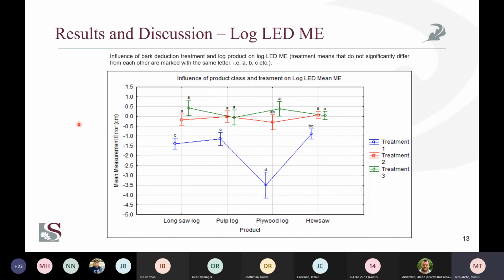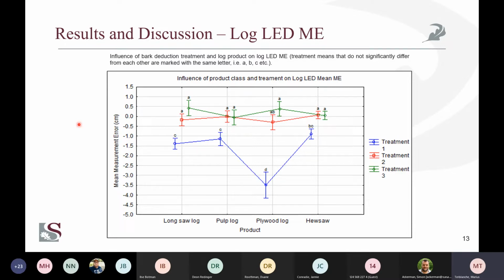Looking at some of the results we got, the blue shows treatment 1, which is the control. What this shows is how much more accurate the large end diameter was with a bark deduction method. For long saw logs, on the large end of the log, we were missing the mark by about 1.4 centimeters.